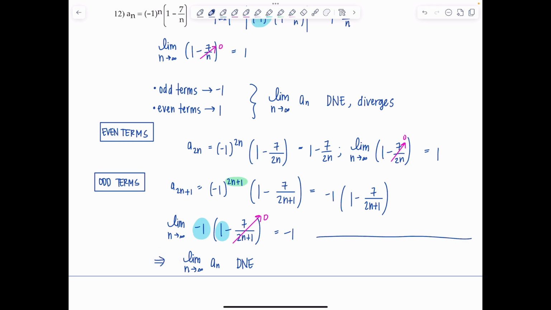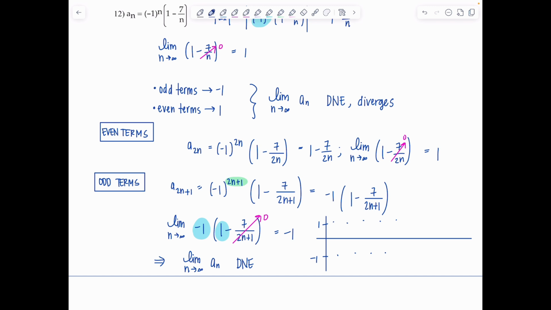Basically, it's bouncing. Like if I were to, here's 1, here's negative 1, so it's bouncing back and forth like this. The even terms approach 1, odd terms approach negative 1. And later, if you do go on to study higher level math, you'll learn that for every convergent sequence, all of the subsequences have to approach the same limit.